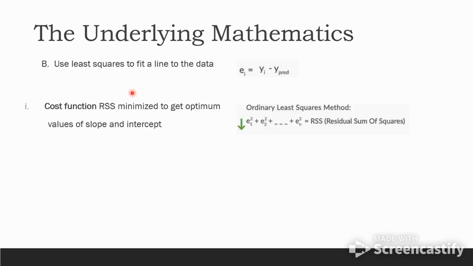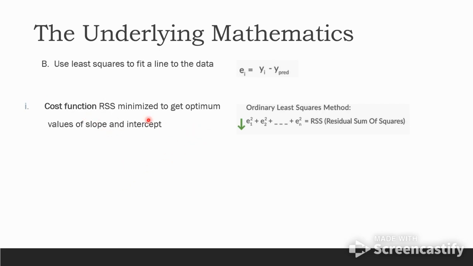Which brings us to a terminology called cost function. In any mathematical model, say a machine learning model, the cost function is that mathematical function which, when minimized, will give us the conditions where we get the best fit line or the best fit mathematical model.